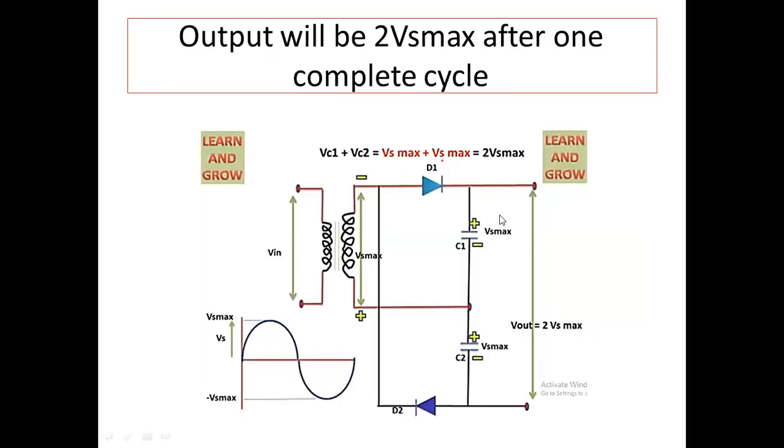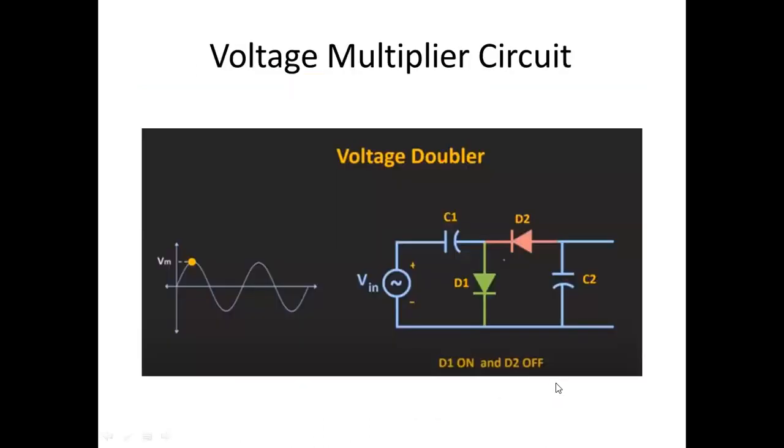In the previous case the output was collected from both C1 and C2. In this case it is a little bit different from the previous one connection-wise, but mechanism-wise it is the same.